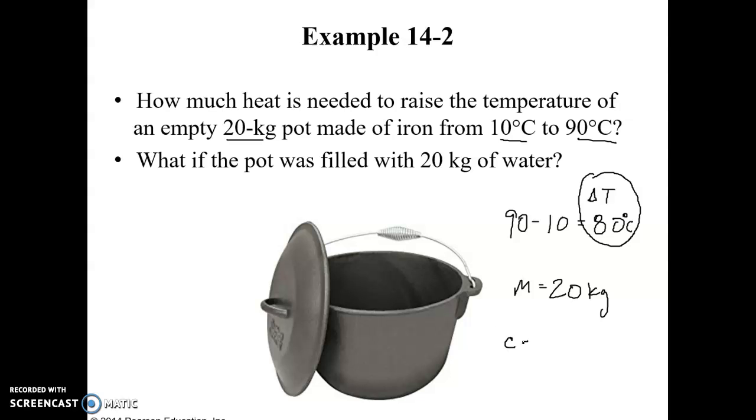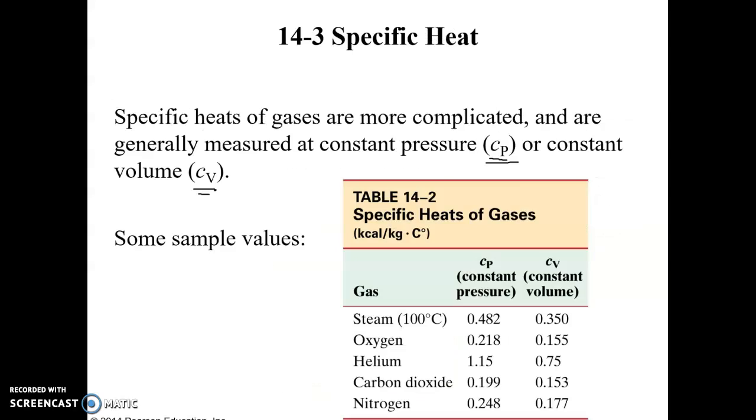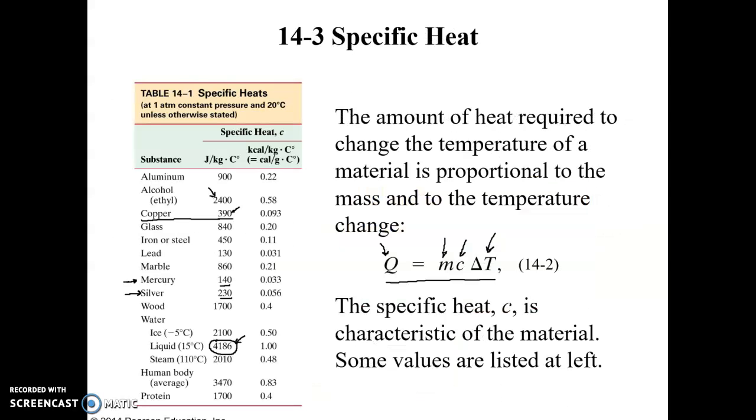And the C, the specific heat of iron, if we flip back here to this table, it's 450 joules per kilogram degrees Celsius, or 0.11 kilocalories per kilogram degrees Celsius.